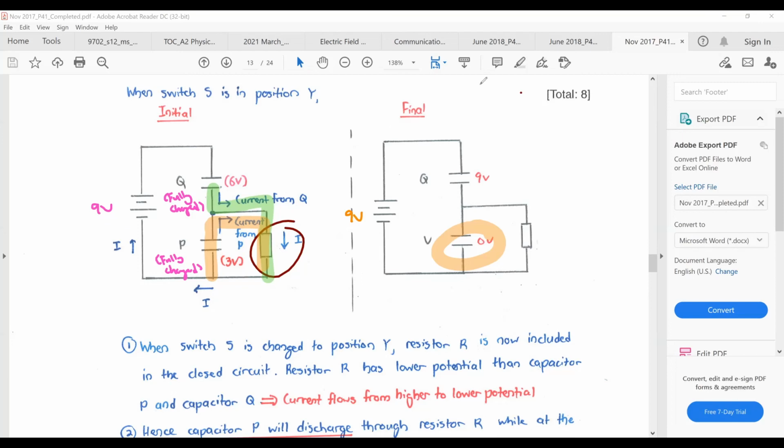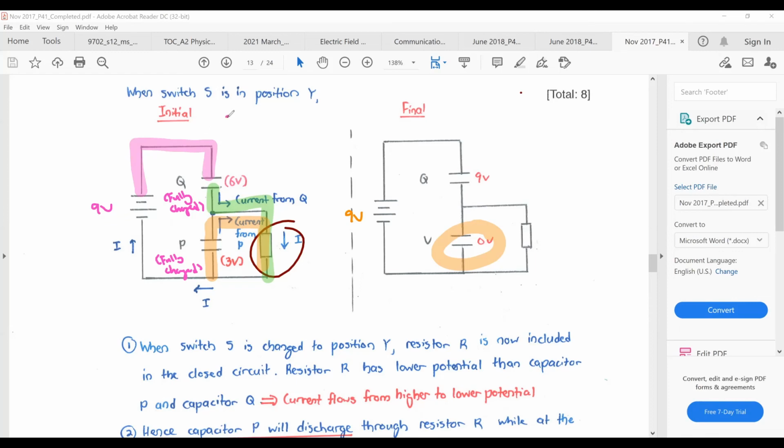At the same time that this capacitor is discharging, you also have current coming from your voltage supply, so it is charging up your capacitor.